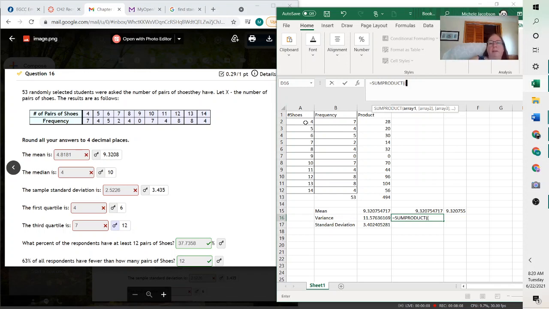So I want to find each of these minus the mean, close parentheses, and then squared, which is a caret, and then we're going to multiply it times this.